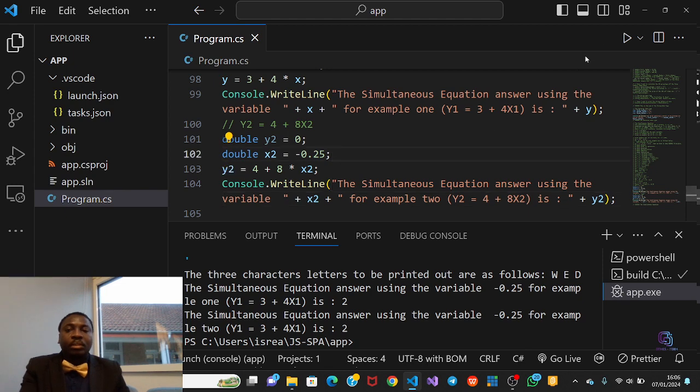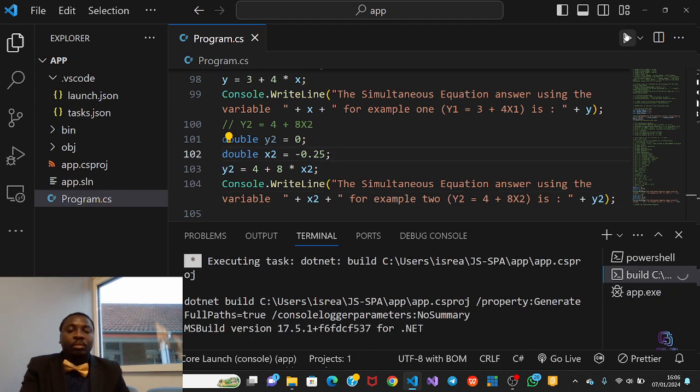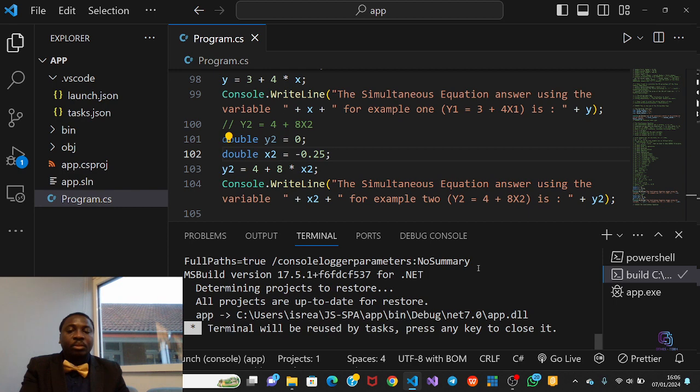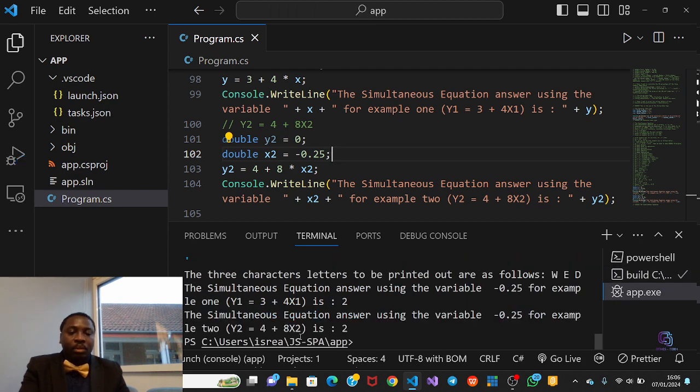So I'm going to run it. y2 equal to 4 plus 8x2 is 2, and y1 equal to 3 plus 4x1 is 2. So with this, I was able to solve this simultaneous equation using the simplest method so far.